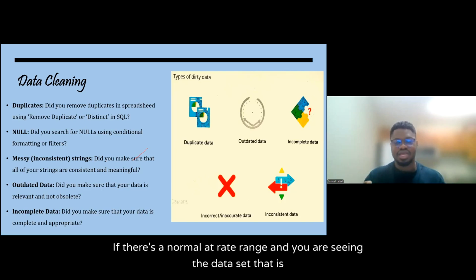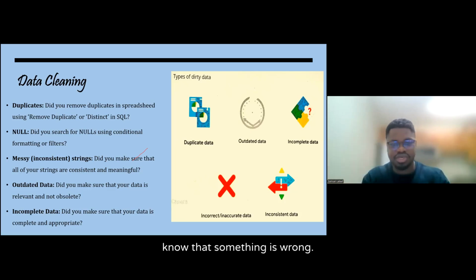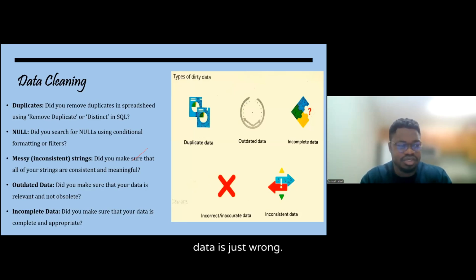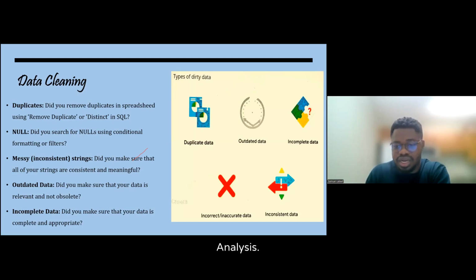If there is a normal heart rate range and you are seeing a data set that is 100 times out of range, you know that something is wrong. Maybe they put the decimal point where it is not supposed to be, or the data is just wrong. So you need to go through it. You need to be finicky about your data cleaning in order to have a very good analysis.